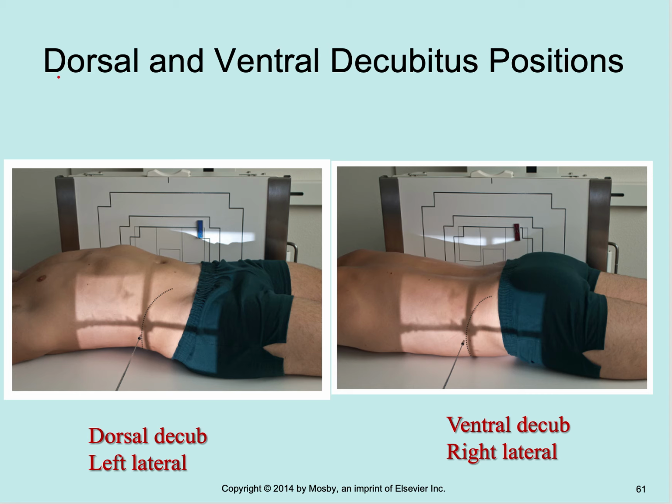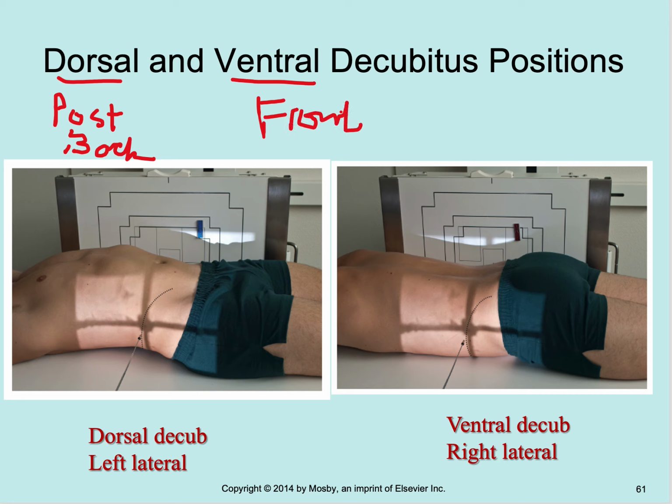Dorsal and ventral decubitus. So when we talked about our body, we have dorsal, which is the posterior, the back of the patient. Ventral, that is the front of the patient.